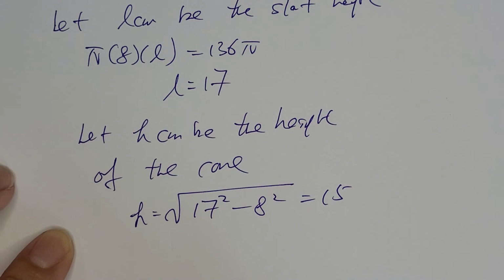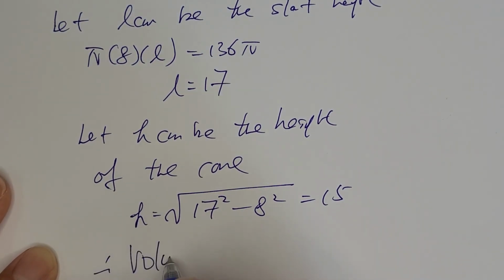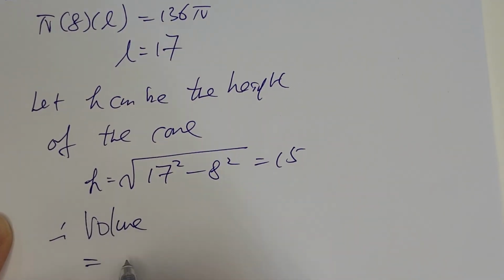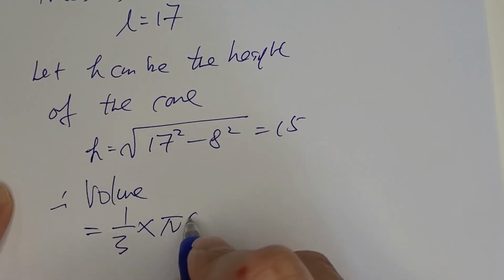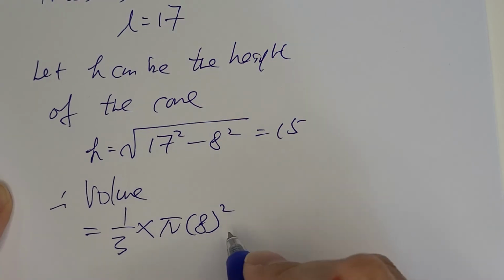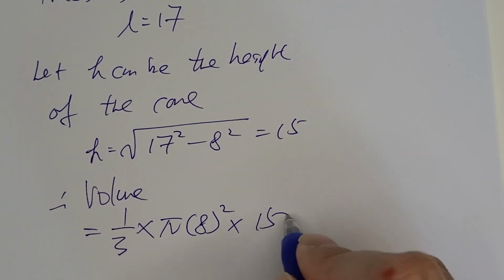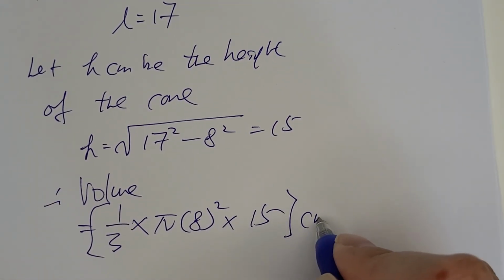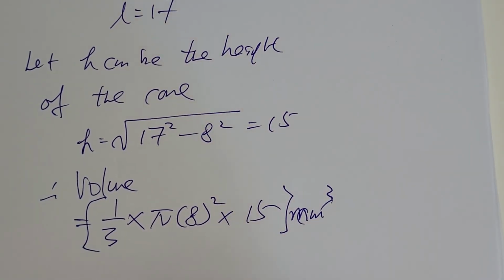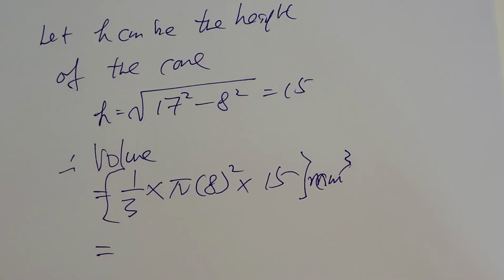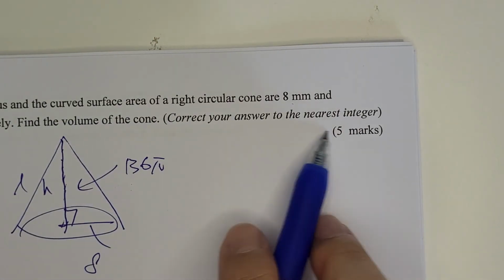Alright, so therefore the volume would equal 1 over 3 times the base area, pi times 8 bracket square, times the height, not 17 but 15, in mm cube. The unit is mm. Okay, so correct your answer to the nearest integer.